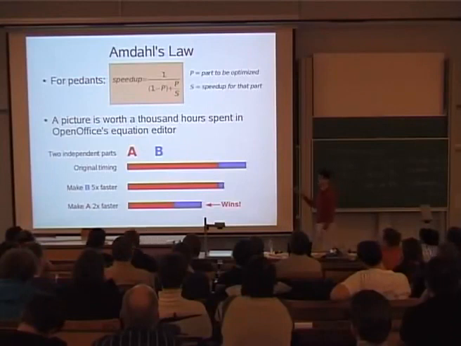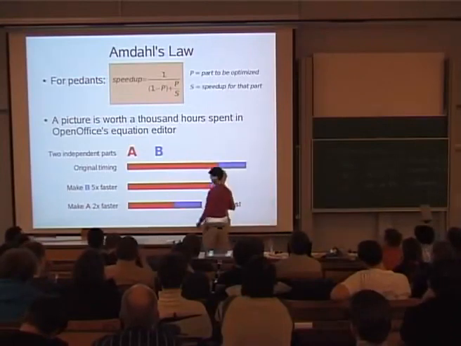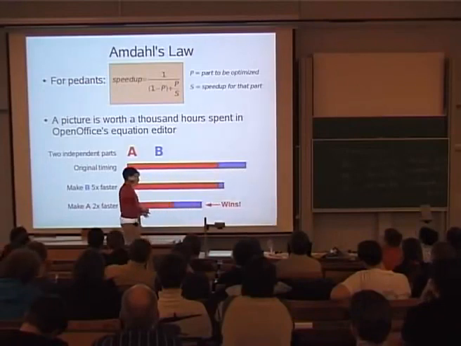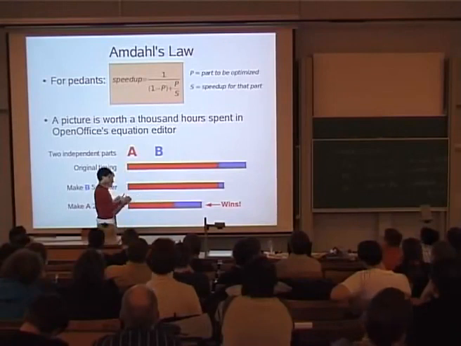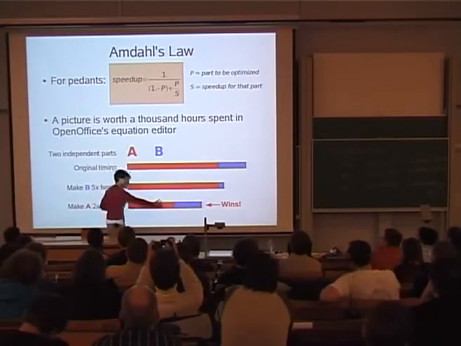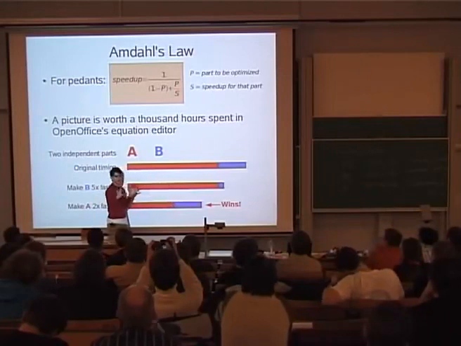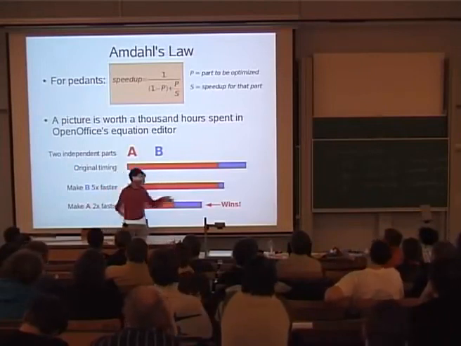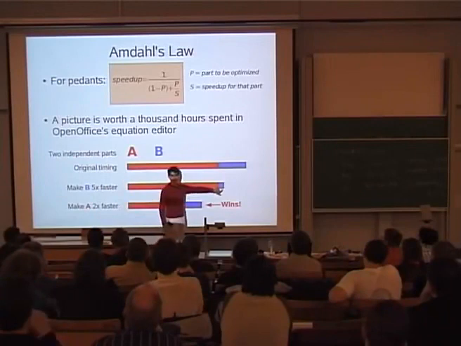There's another consequence to this. For example, let's say that the absolute fastest you can make the red part is twice as fast as before, and the fastest you could make the blue part is this little square.